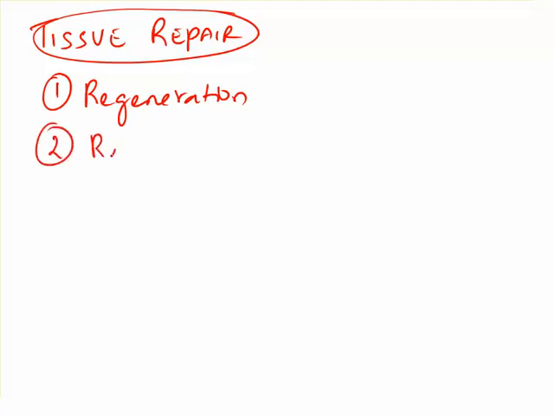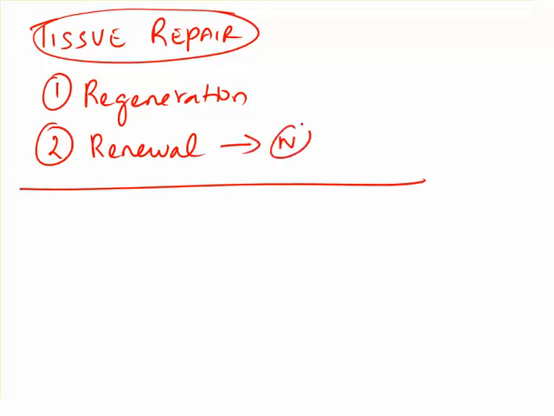Second one is renewal. This normally happens in most of the tissues, for example skin, oral mucosa, gastrointestinal tract tissue, and urinary bladder urothelium.